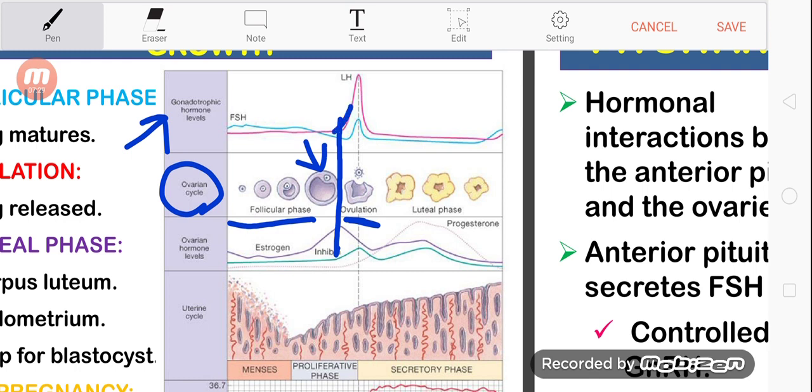The LH stimulates the follicles to secrete more estrogen. So the estrogen elevation here marks the entering of this follicle into the pre-ovulatory phase.